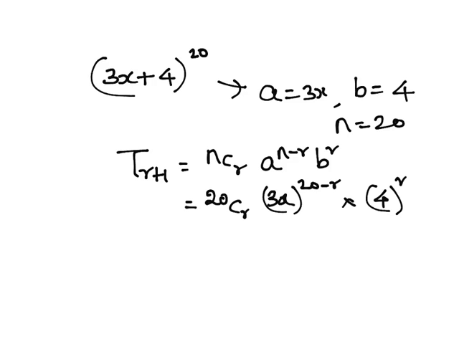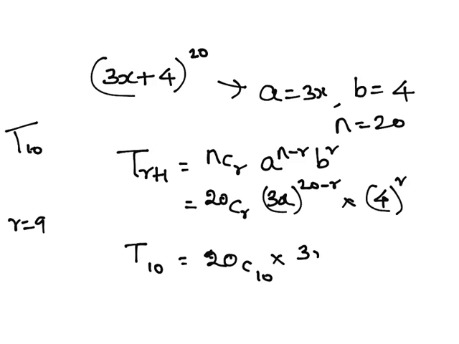So when I need to find T10, the 10th term, put r as 9. I'll get T10 equal to, because when r is 9, r plus 1 will become 10, 20C10 multiplied with (3x) to the power 10 multiplied with 4 power 10.